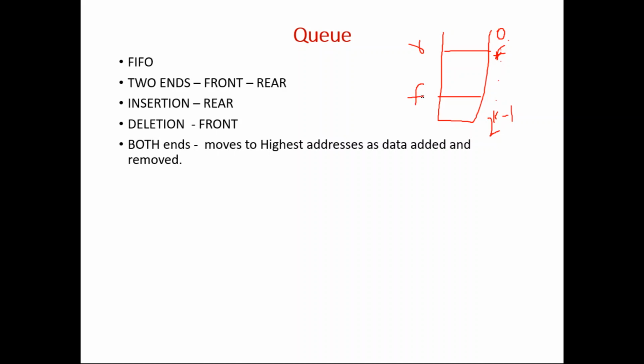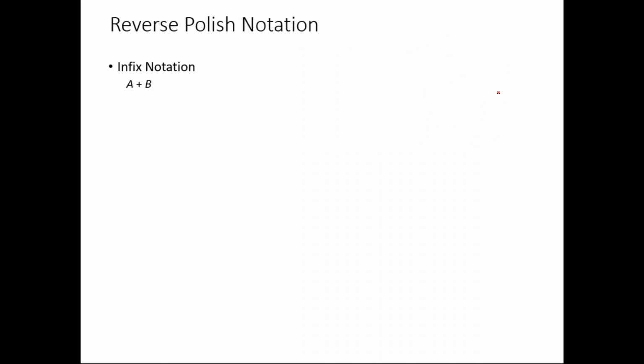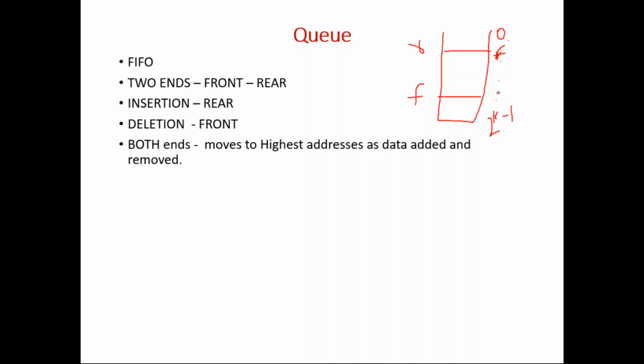Initially, if this is the queue capacity, what will be front and rear? That will be the least address. Say the least address is 10, and the size of the queue is 90.